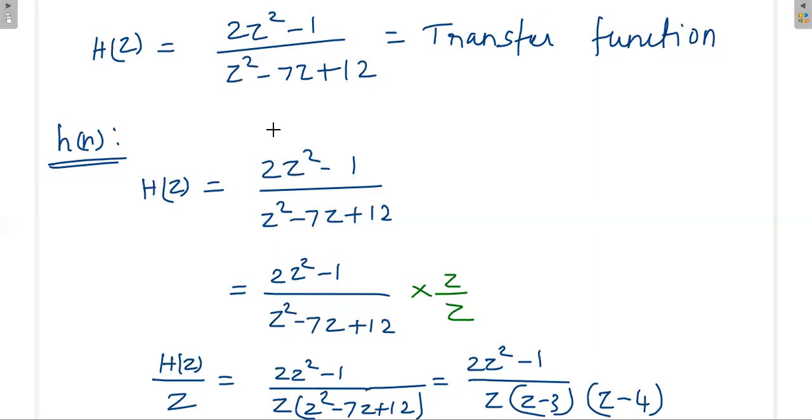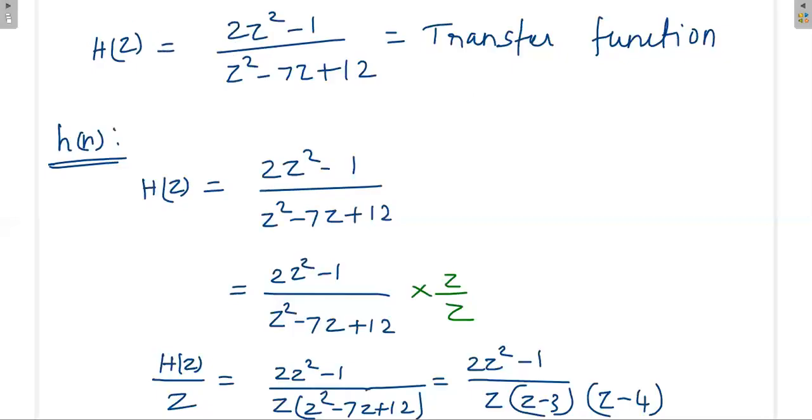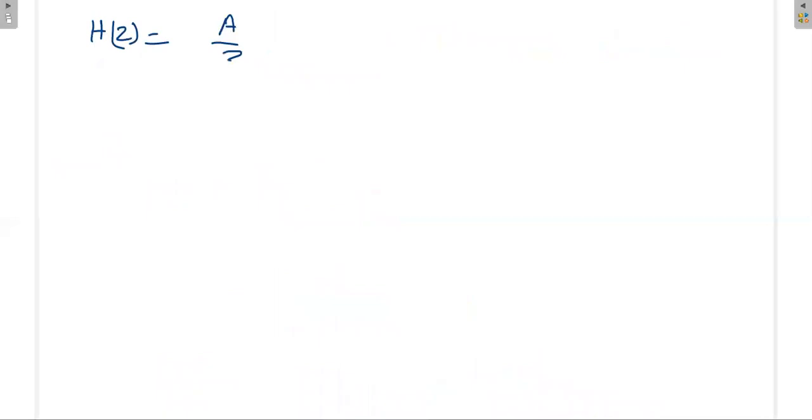So now we know what h of z divided by z is. We can write it in terms of partial fractions. That means we'll get three terms: a by z plus b by z minus 3 plus c by z minus 4.